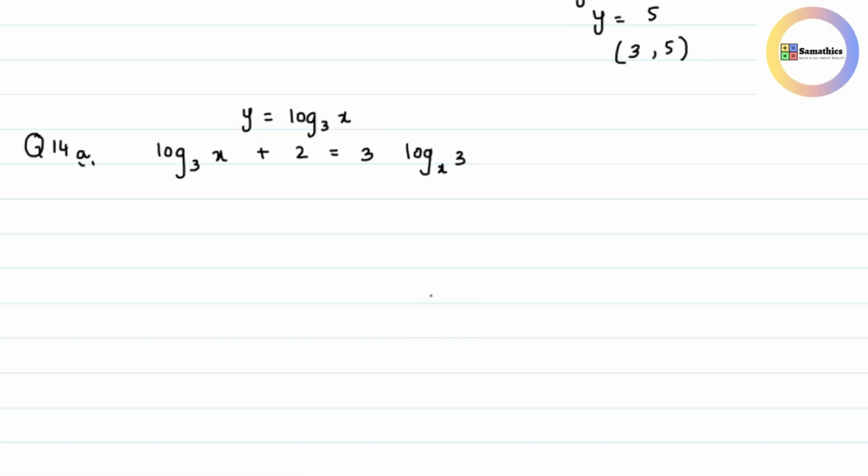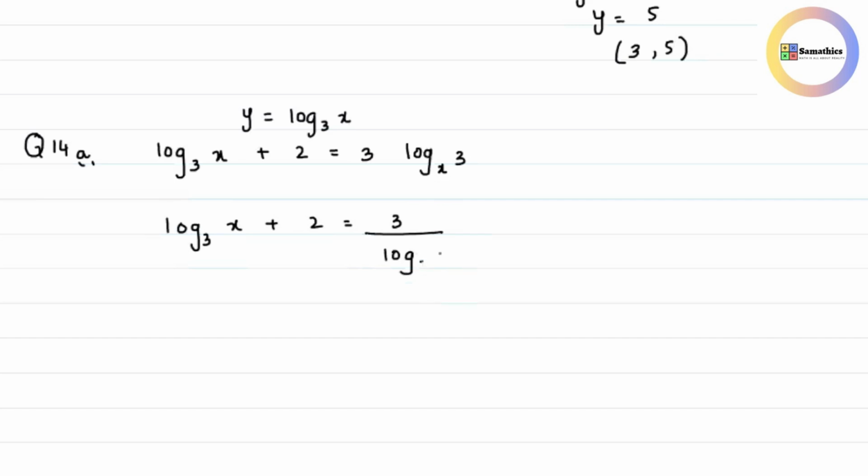To make the bases the same, you have to either change this or change this, right? It's better if you change this one because we have log base 3 of x here. It means that this needs to be changed. And how will you change it? You will apply the change of base law here. According to the change of base law, just take this to the denominator.